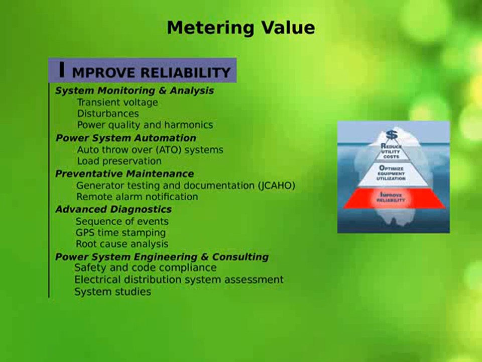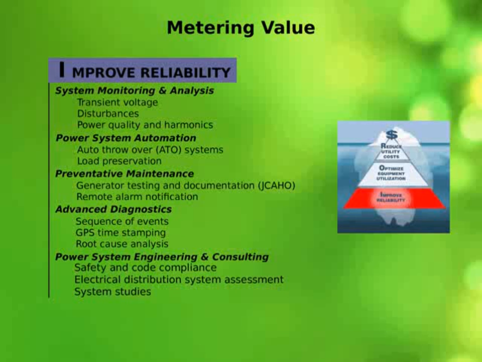Preventive maintenance, things such as generator testing and documentation, which illustrates here in the brackets there, JCAHO, which is a compliance most likely found in healthcare organizations where there is an expected amount of testing and documentation that you have to provide within a healthcare system, that's mandated. And things such as remote alarm notification as well is very important.